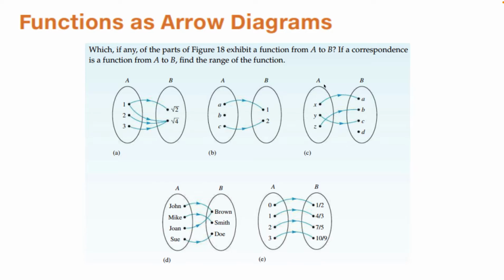So it is a function. How about part D? Every element in the domain has correspondence. Just like birthday, you can have more than one in the codomain, right? So yes, it is also a function. And of course, this is a function. Okay?